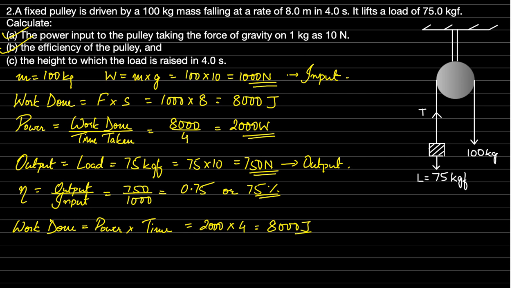So as I had told you before, we have already got the work done, and it's going to be the same. Still I took out by using a separate formula here. So now that we have the work done, we can find the displacement. So for finding the displacement, we will be using the formula work done is equal to force into displacement, F into S, or S would be equal to work done divided by force.